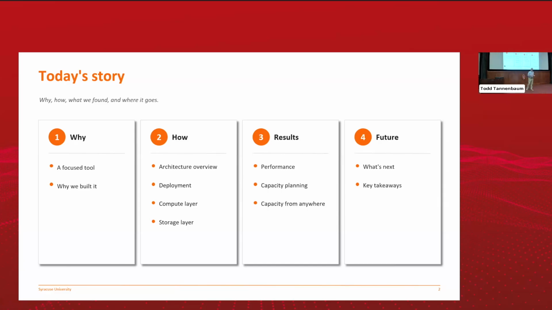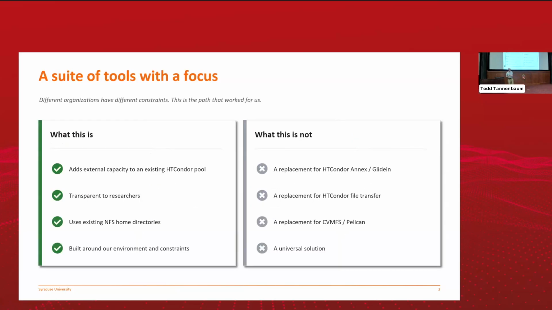If they can provide me a Linux endpoint and an IP address, that's enough for me to consume their resources in a way that users on-prem with certain requirements can consume. And then we're going to talk about the future, what's next, and some of my key takeaways.